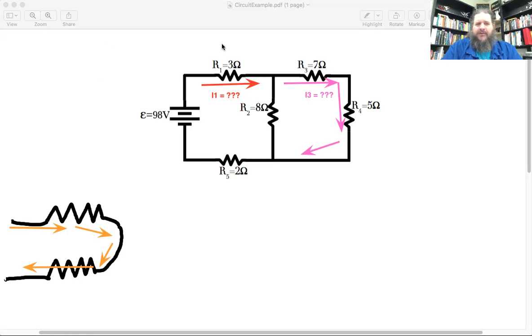Resistor 2 gets a different current. Let's call that current I2, which we also don't know. What about resistor 5, though? Does that have the same current as anything else in the system?